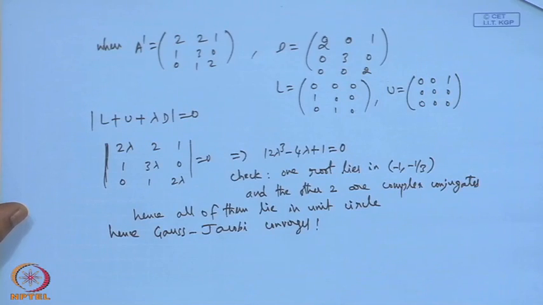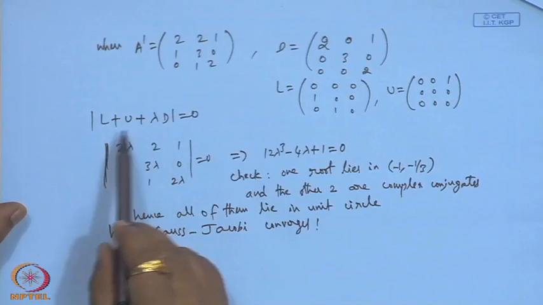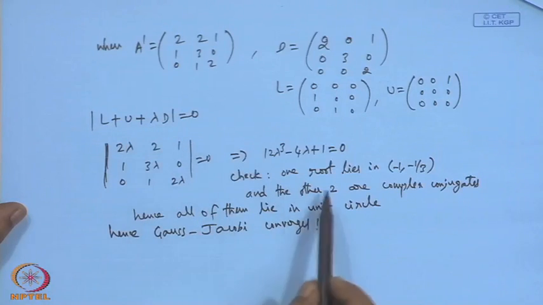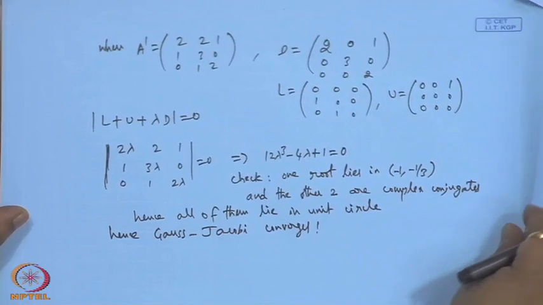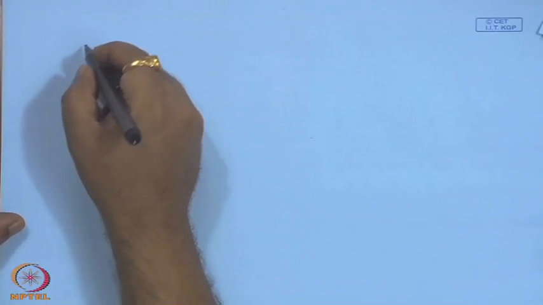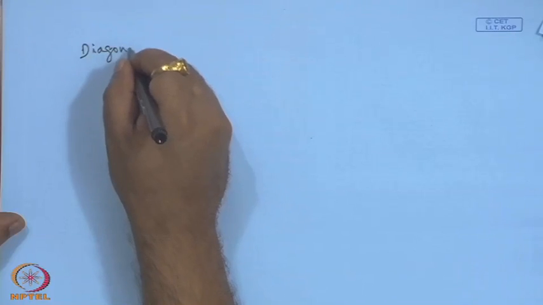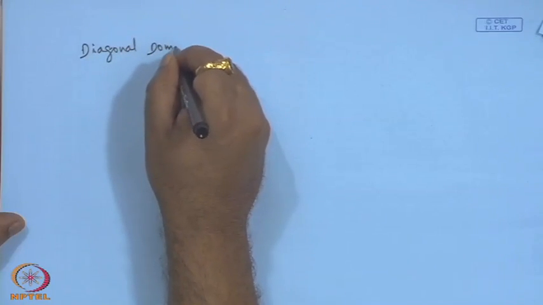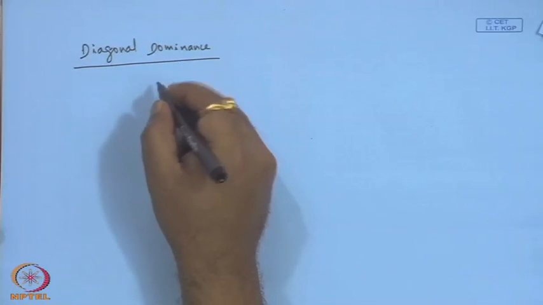This is an important aspect. When you define any iterative method, convergence is an important issue. In the case of Gauss-Jacobi, we have seen the corresponding eigenvalues of this particular matrix, and they must lie within the unit circle. Now there is another convergence criterion, that is diagonal dominance.